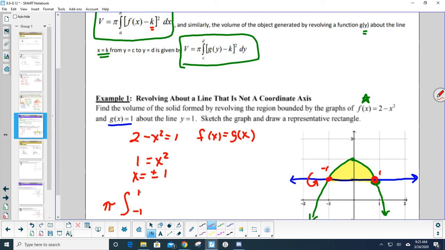So we have our A and our B. Now, if I'm rotating about this, I'm going to say 2 minus x squared, because that's what we're rotating, right? Minus 1 quantity squared dx. Are y'all okay with that?